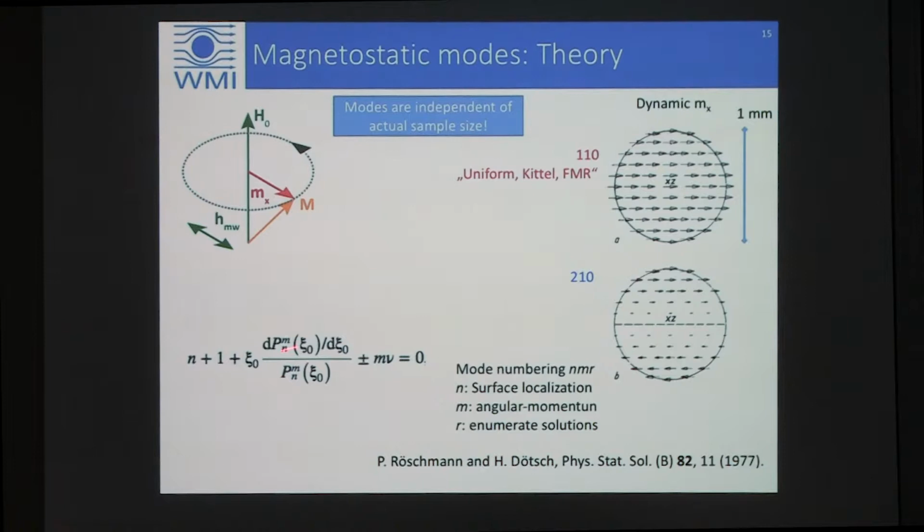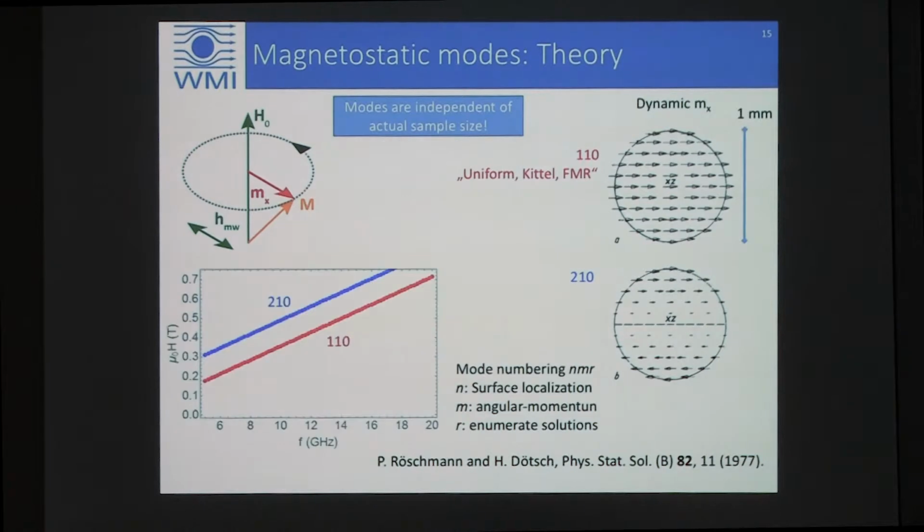And then you can play around with these numbers arbitrarily, and for instance plug in 2, 1, and you get this solution over here, where the dynamic component is out of phase on the top and bottom side of the sphere, for instance. And there's an infinite number of solutions, obviously. For these two modes you can plot the dispersion: frequency versus magnetic field.